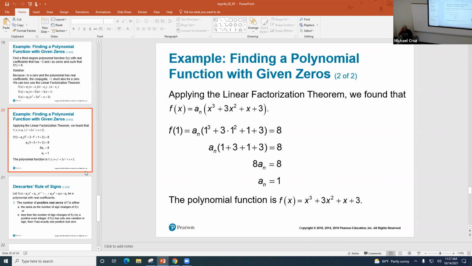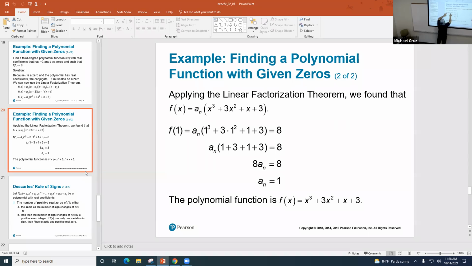So let's just look at the process and then we'll go through it. All right, so they found this just by multiplying all those three factors, but they had an a there because that a would be considered a like factor for all of them. So what does that mean? They told us that f of 1 is equal to 8.